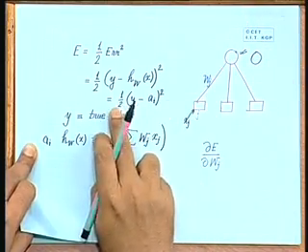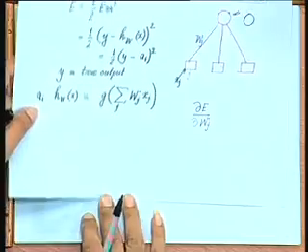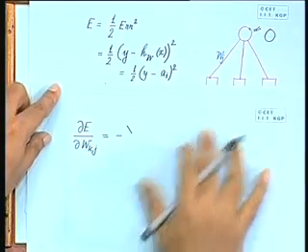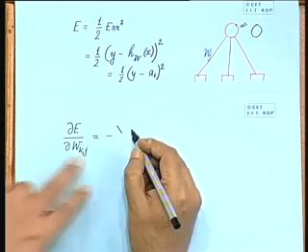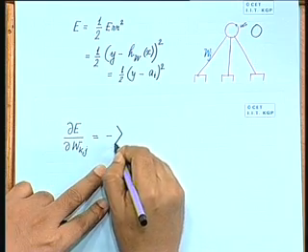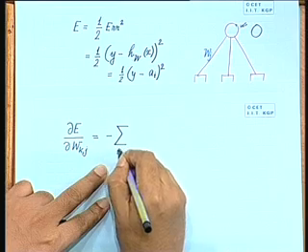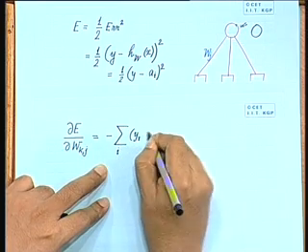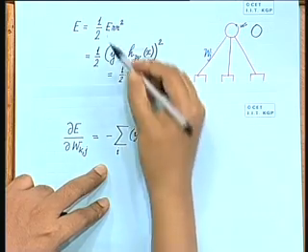Now, if we differentiate this term with respect to w_kj, then we get minus sigma over i of (y_i minus a_i), because this is for just one unit.